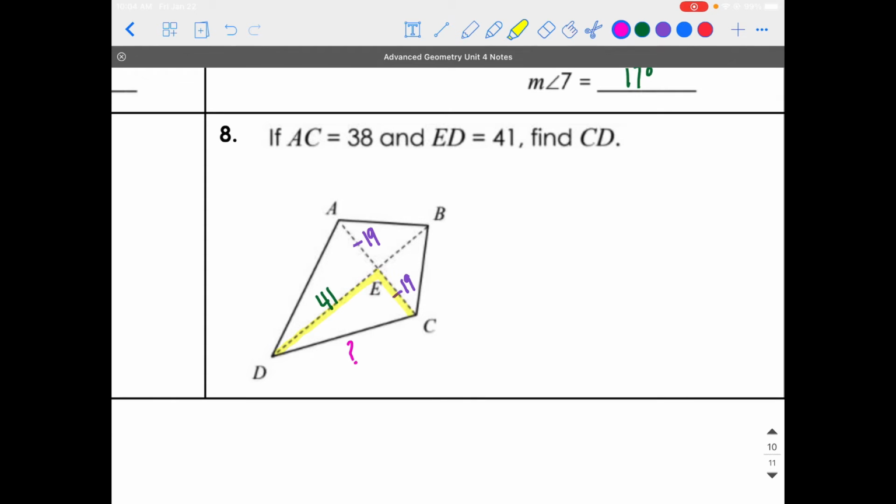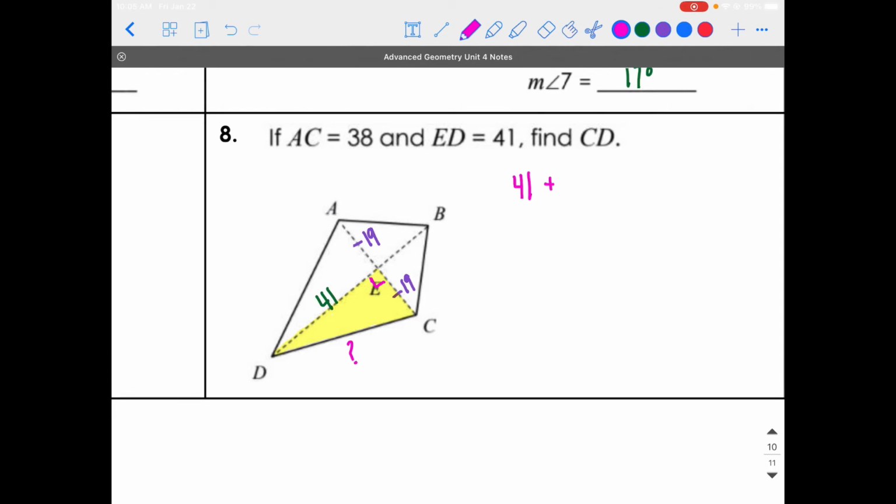So once again, we've got a right triangle, which means that we can do Pythagorean theorem. This time, the side that we're finding is our hypotenuse.